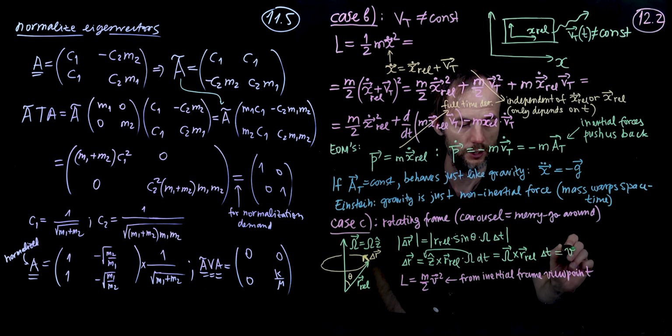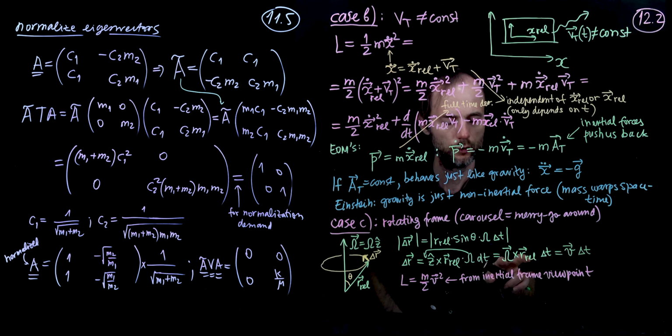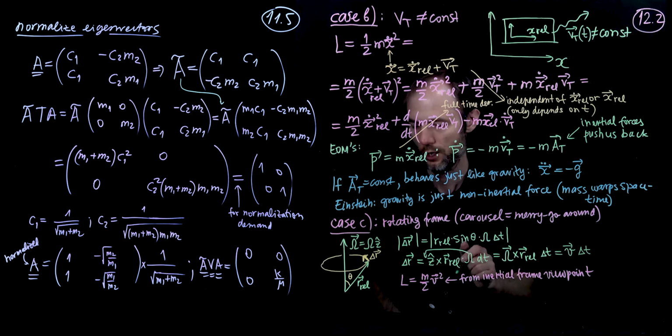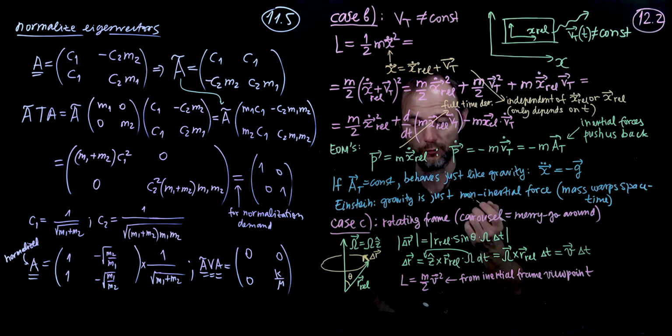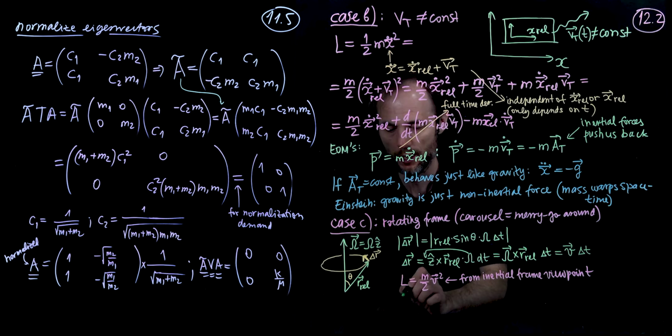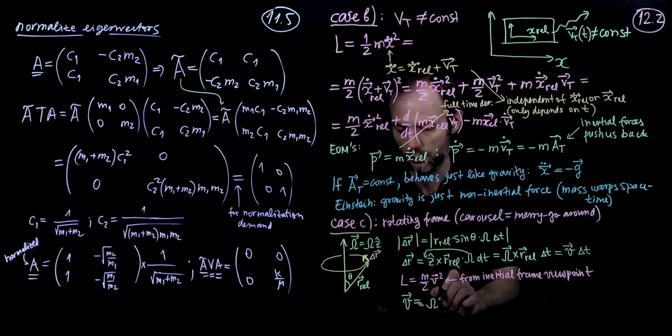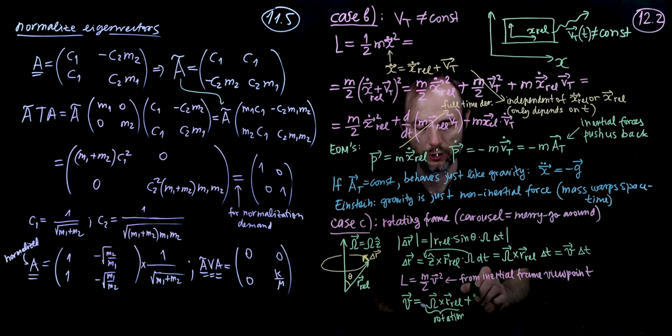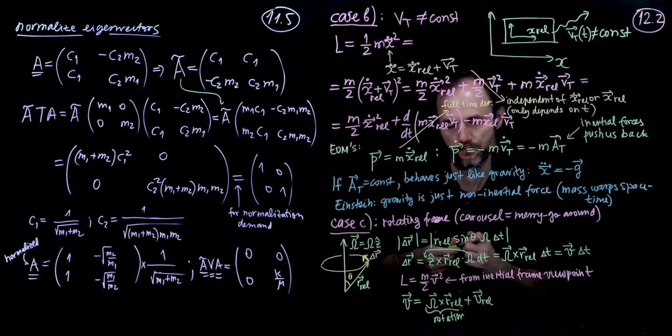So v is equal to omega cross r rel for pure rotation, but for rotation plus motion, it will be v is equal to omega cross r rel, so that will be rotation, plus vrel, any other motion relative to the rotating frame.